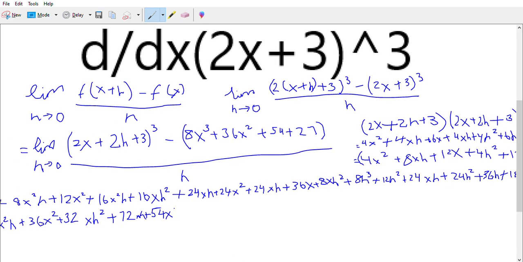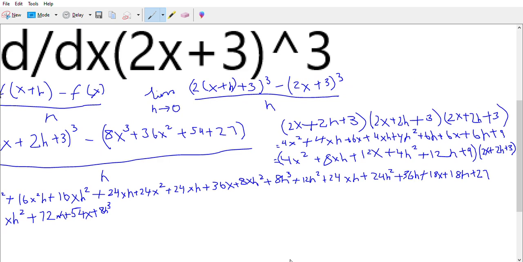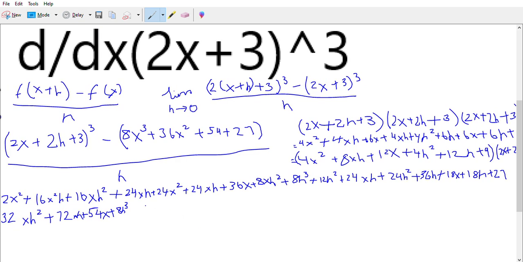So there's 8h cubed, which I believe will be the only h cubed term because I didn't see any others. And then 12h squared plus 24h squared, so that's 36h squared.